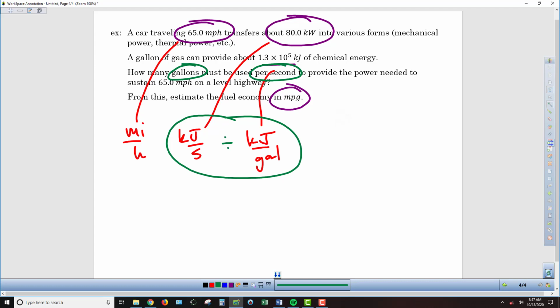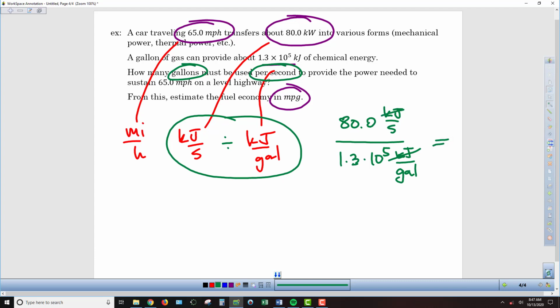I've got 80 kilowatts, and again I'm expressing that as kilojoules per second. I'm going to divide that by the energy in a gallon of gas, so that's 1.3 times 10 to the fifth kilojoules per gallon. When I divide that, my gallons are in the bottom of the bottom, so they're going to end up in the top. My kilojoules are going to cancel each other out.